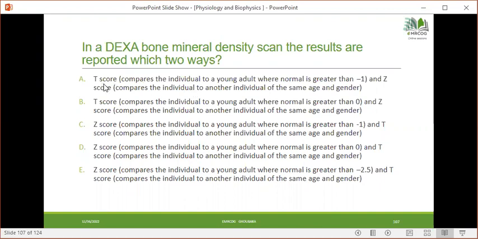T-score is what and Z-score is what? Can you go through the options and tell me which one is correct? By the way, the WHO depends on the T-score.